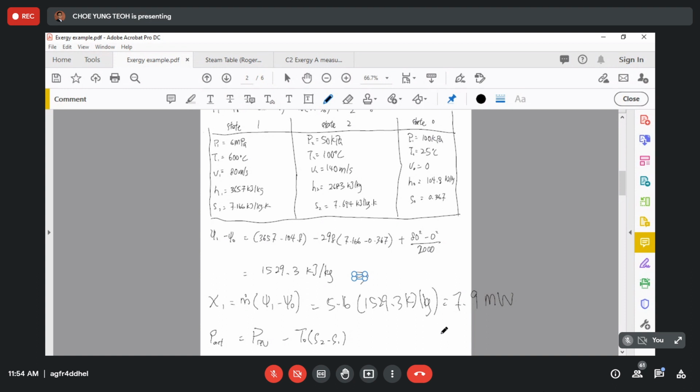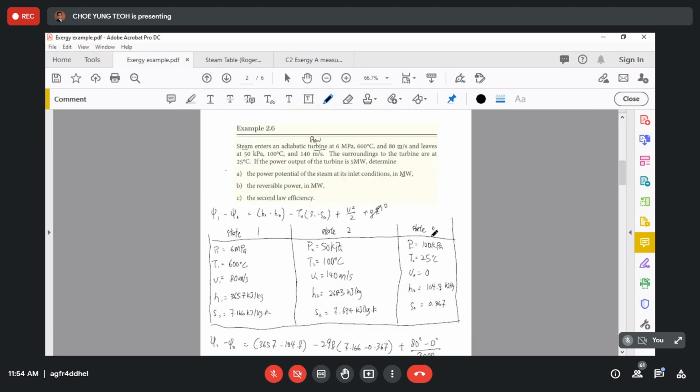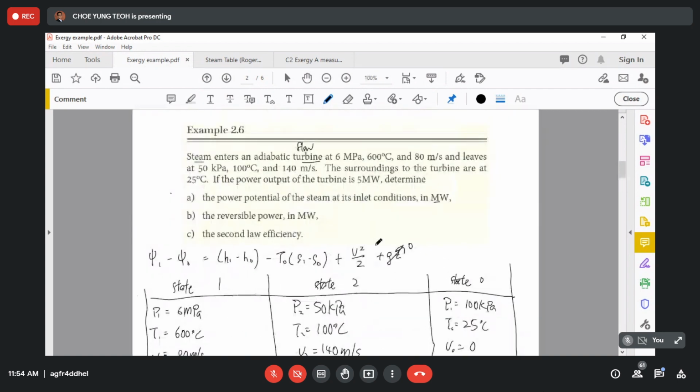Then you will know which part of the exergy change will actually contribute to the power output. But for this system, there are no other losses other than irreversibility. For some cases, they will tell you that there is a heat loss to the surrounding. Then you have to consider that as a loss, minus that, and then you can get the mass flow rate.